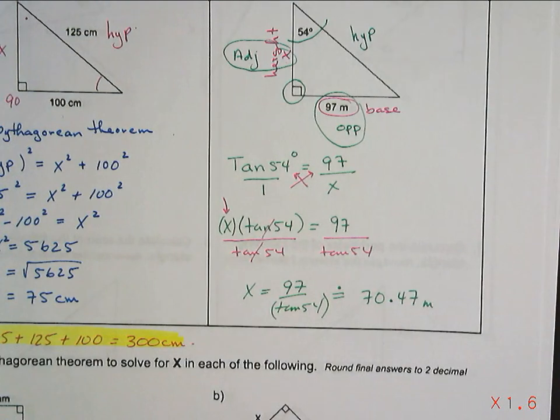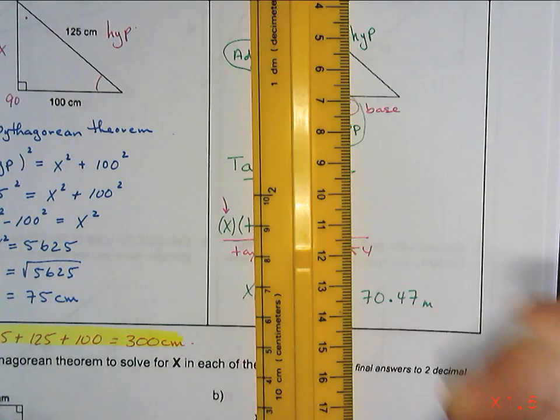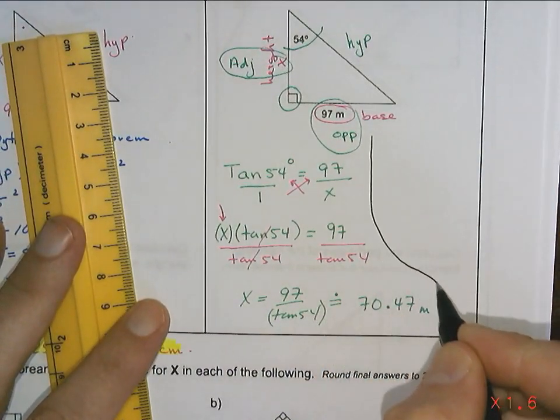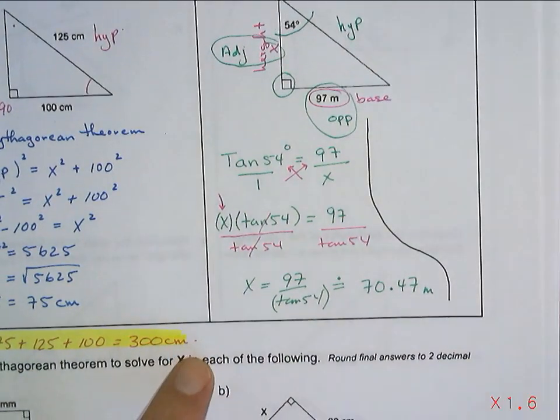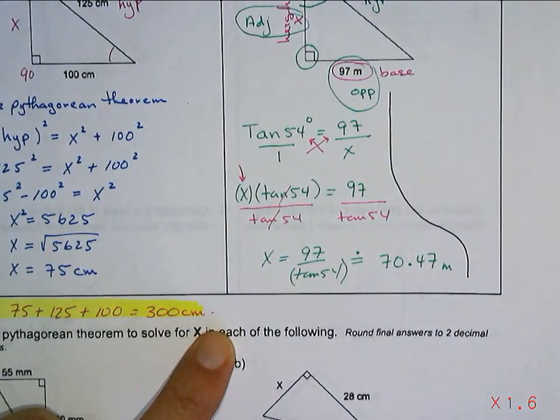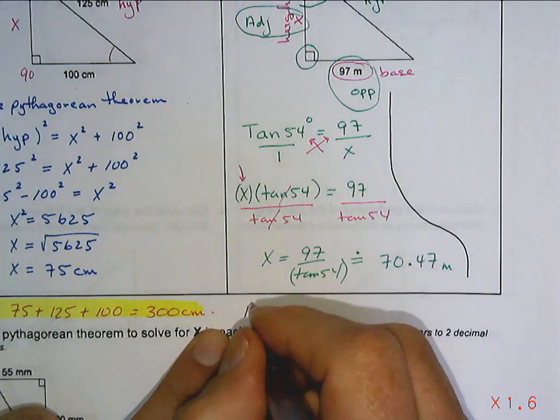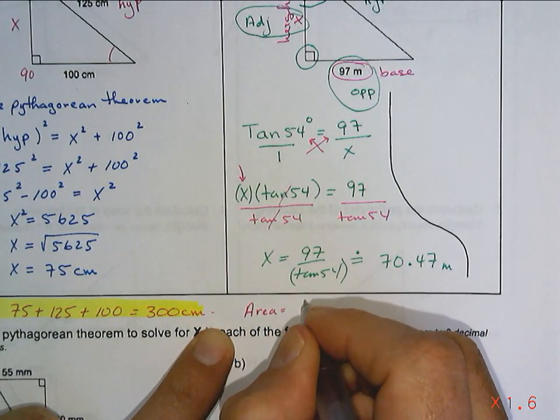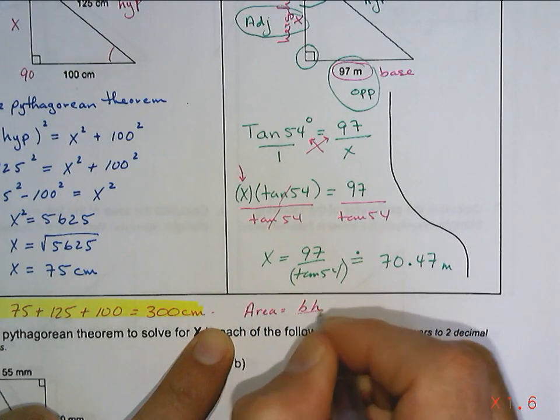Okay, have we answered the question? No, we have not answered the question. What we've done is we've come up with the height. We want to come up with the area. Area equals base times height over 2.